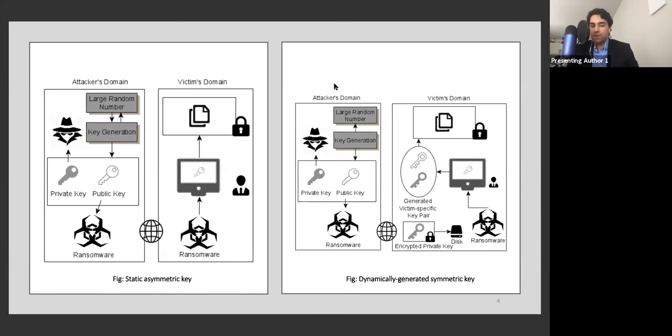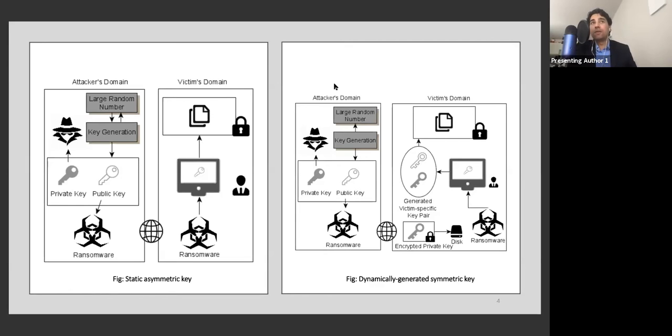And the public key pertaining to this key pair, they will embed in the ransomware's binary. This binary will then be propagated using various infection methods and channels to the victim's domain, and ultimately end up on the host, where it will start encrypting the files using directly the embedded public key.